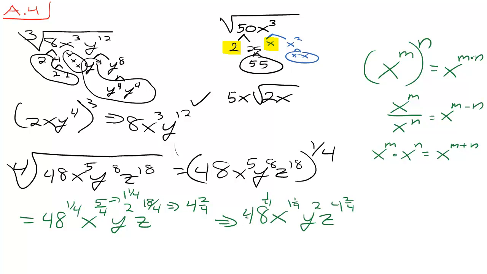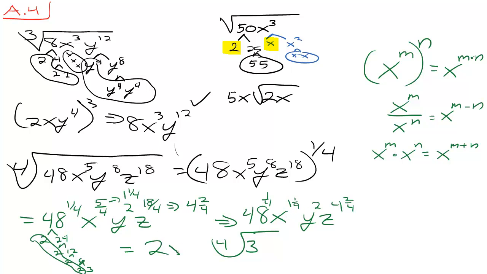Okay, the 4th root of 48, we're looking for those perfect fourths. So 2 and 24, 2 and 12, 2 and 6, 2 and 3, and then there's my perfect 4, and that's what's left over. So that means on the outside I have a 2, and on the inside I still have that 3. My x's, I have 1 and a 4th.